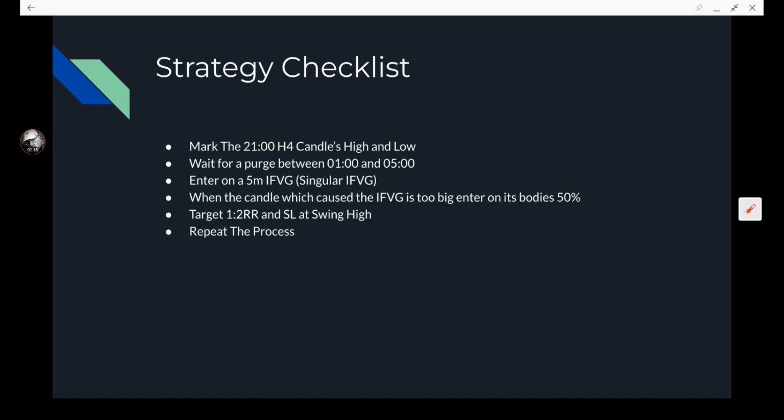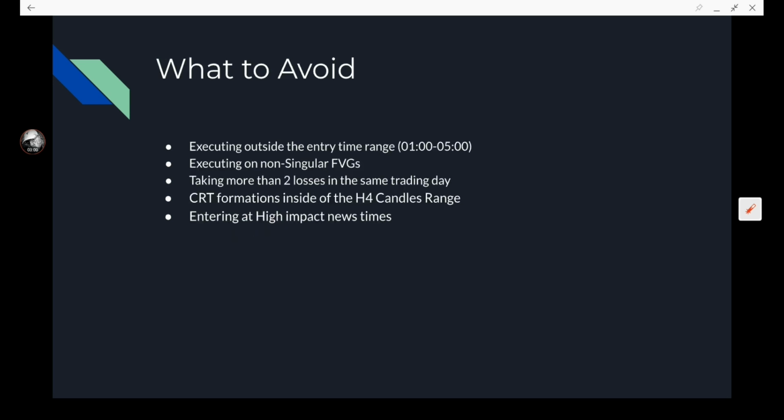So this is actually everything you need to know about this strategy. We'll move to chart examples after what to avoid in this strategy. What to avoid? Number 1, executing outside the entry time range. That is 1 a.m. to 5 a.m. New York time.